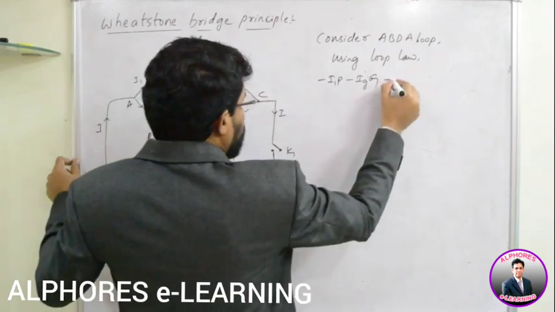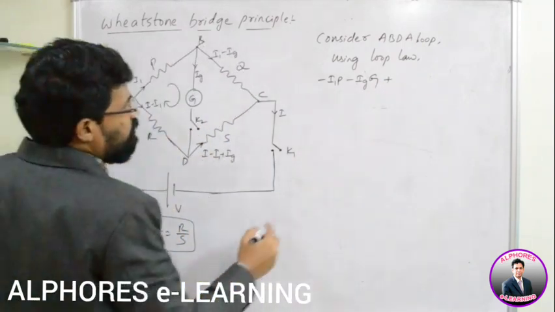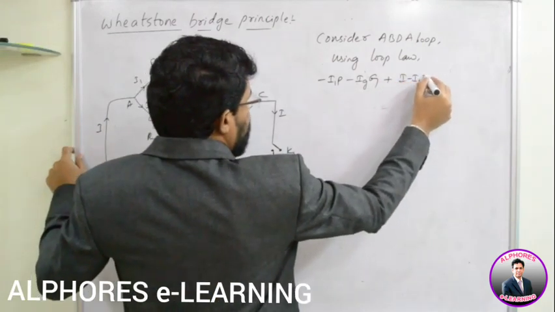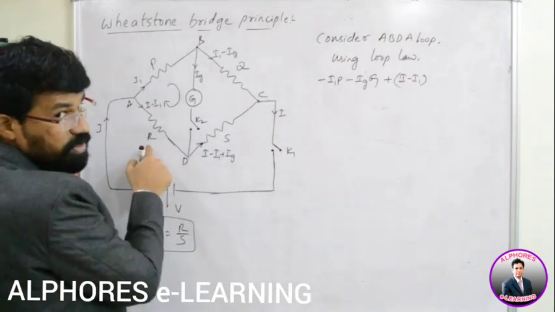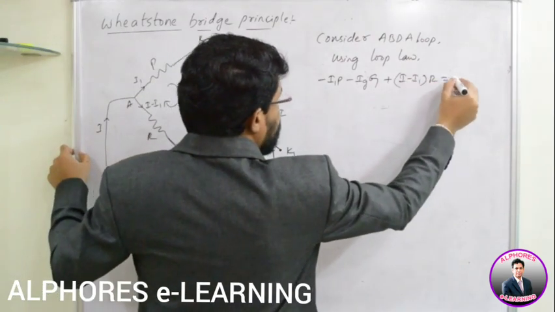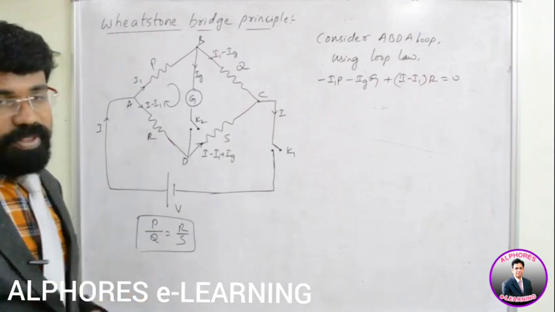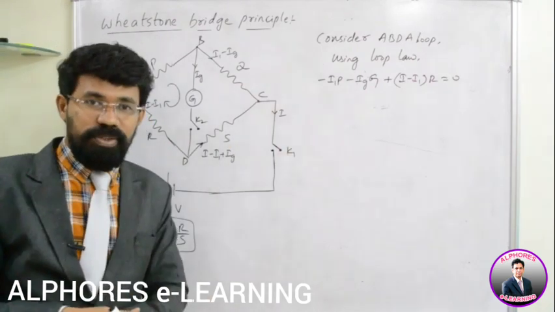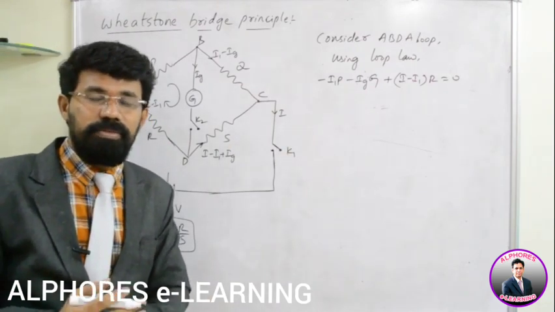So you will have plus. How much is the current? I minus I1 into how much is the resistance? R. It's equal to 0. According to Kirchhoff's second rule, algebraic sum of potentials across all circuit elements is equal to 0.